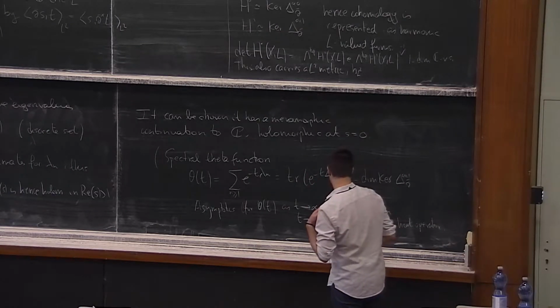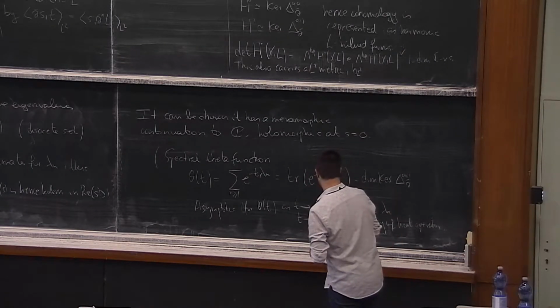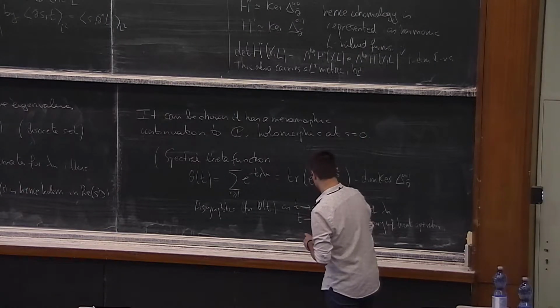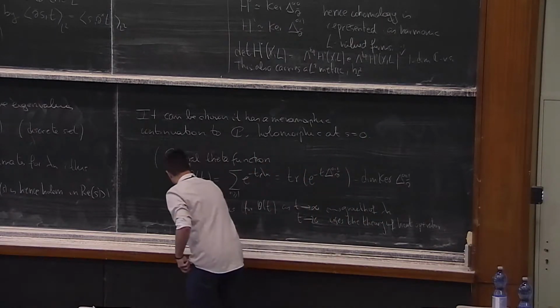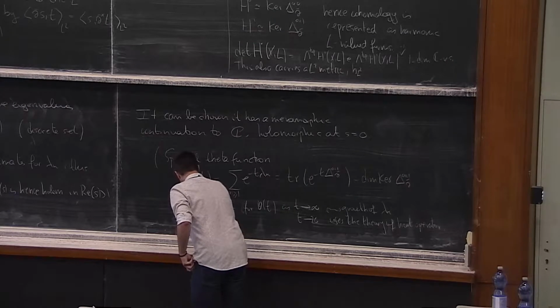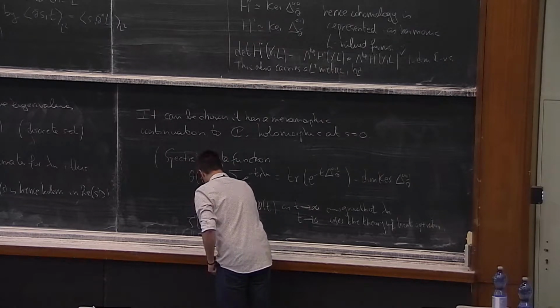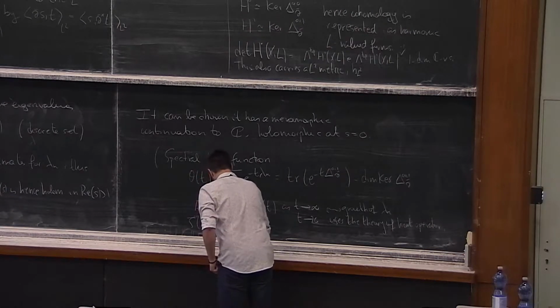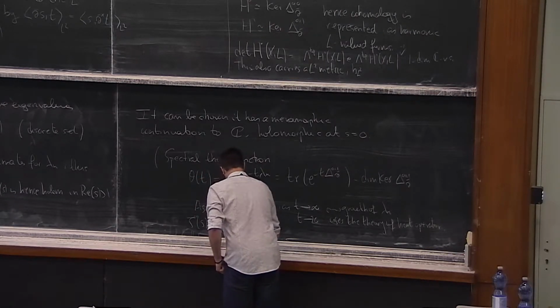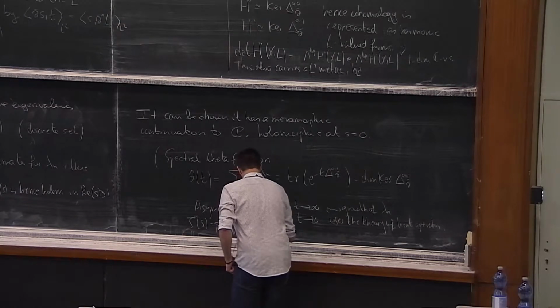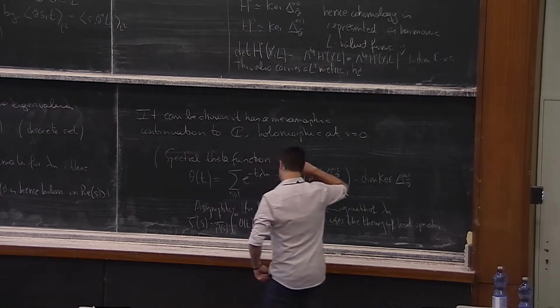And once you have reasonable estimates as t goes to infinity and t goes to 0, you can properly define this zeta function as a Mellin transform of this spectral function.